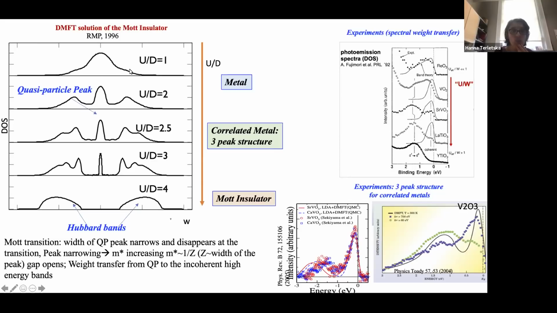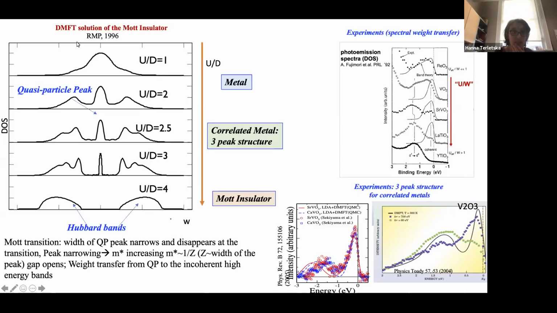We start with a small ratio of U over bandwidth, mimicking pressure effects. So with small interactions we have a metal, and at very large interaction, we have a Mott insulator, which is characterized by the opening of the gap in the density of states.